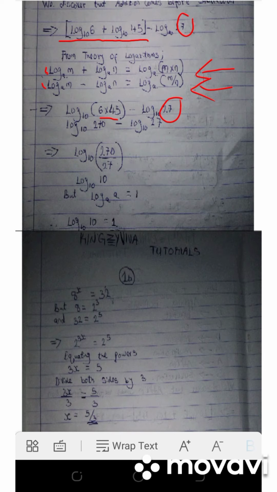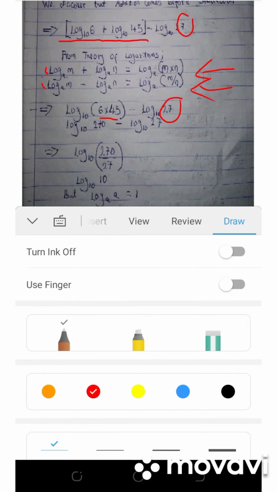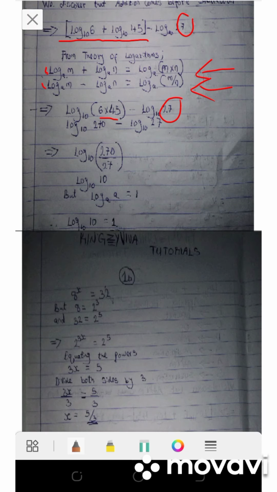So at that point, I will do 270 divided by 27 to base 10. Is that okay now? But 270 divided by 27 is equal to 10.